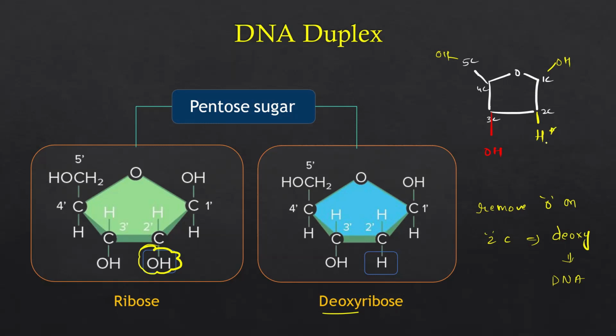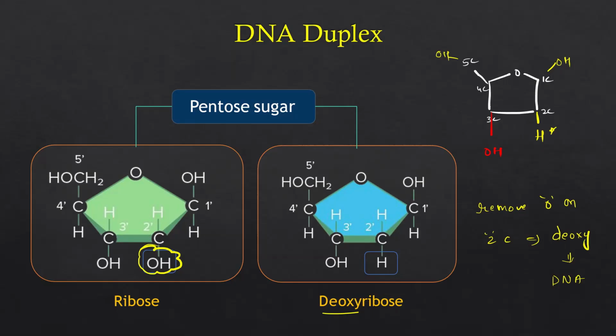On the second carbon, if it is hydrogen, we call it deoxyribose. If it is an OH group, a hydroxyl group, we call it ribose sugar. That's the first main difference between DNA and RNA. On the second carbon, if you have OH, it is RNA. If you have hydrogen in a nucleotide, we call it DNA, deoxyribose. Is this clear?